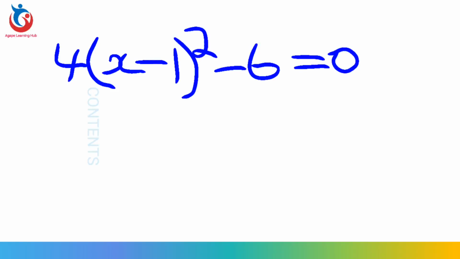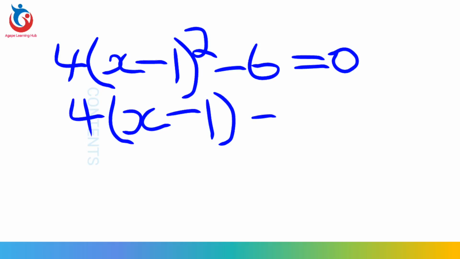So we should be at 4 bracket x minus 1 all squared minus 6, and then we equate this to 0. So I am back with you now, Miss Crystal. So we are at 4 times x minus 1 squared is equal to 6.